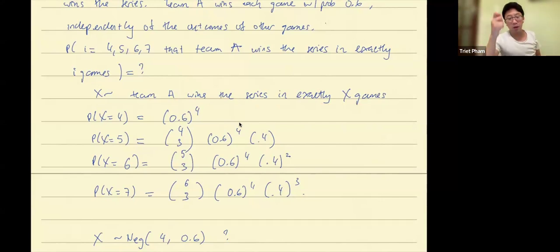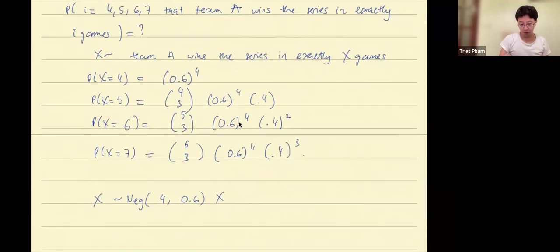Which may be captured by X, but not with a numerical value. So you could say something like X equals infinity. And infinity here is just symbolic, okay? Infinity here means A loses the series. Are you okay with that?